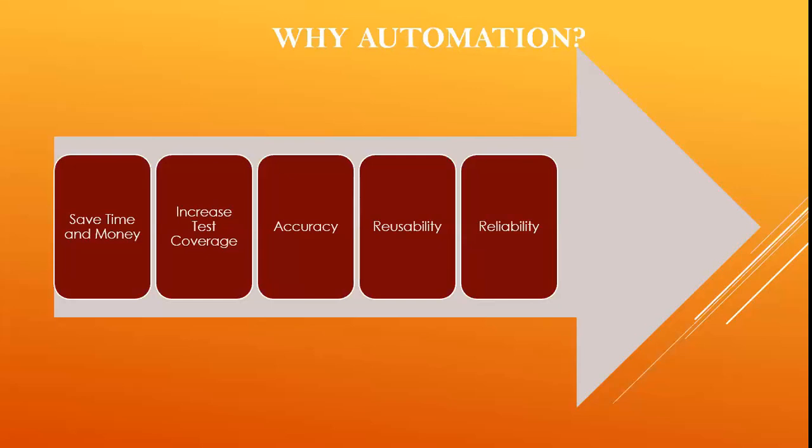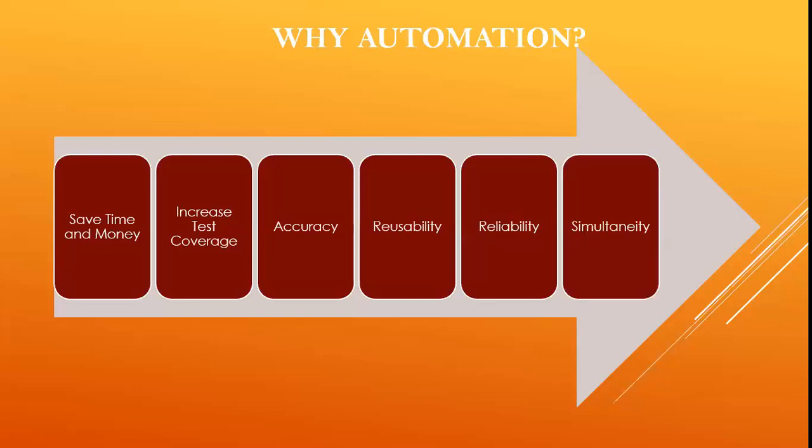Fifth one is reliability. Reliability means automated testing is more reliable and way quicker when running boring, repetitive, standardized tests, which cannot be skipped ever, but may cause errors when tested manually. Then simultaneity: you can test more devices simultaneously, resulting in comprehensive, detailed reports generated in less time with the same parameters, because the exact same script is run.